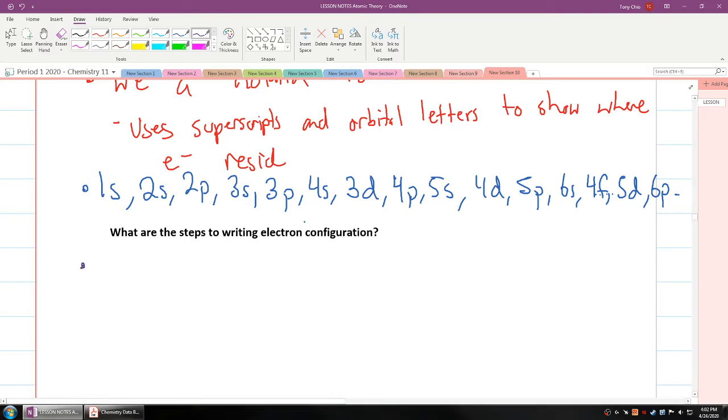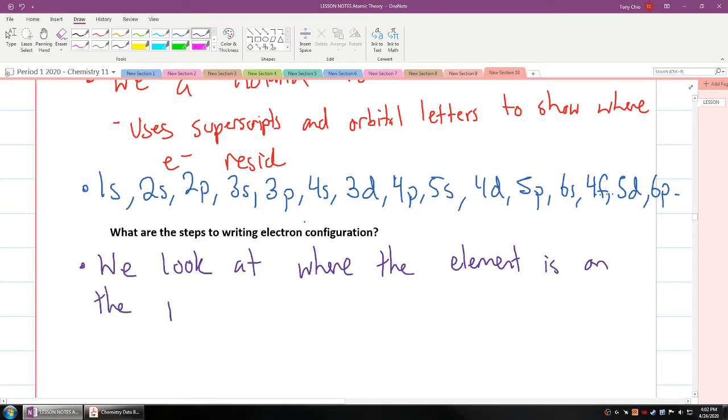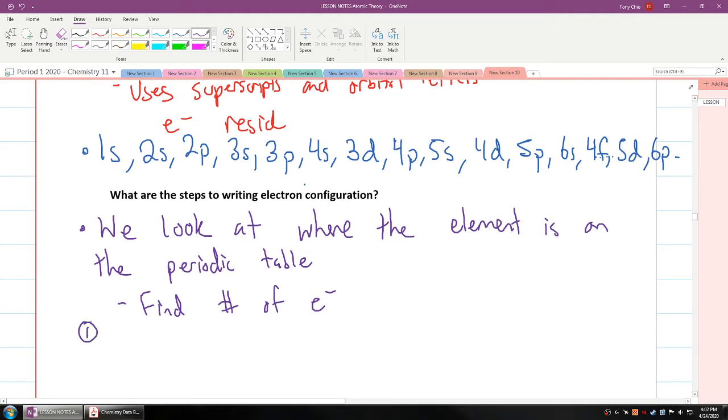What we want to start off with is to look at where the element is on the periodic table. And from there we can find the number of electrons. First step, we fill electrons from lowest energy first.